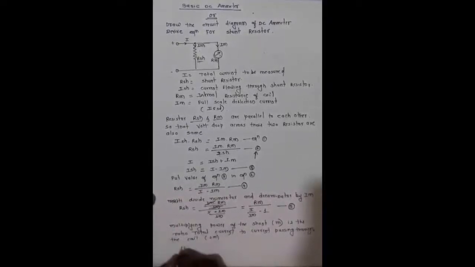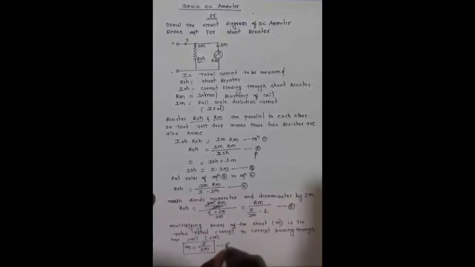M is equal to total current divided by current passing through the coil. M means multiplying power of the shunt.